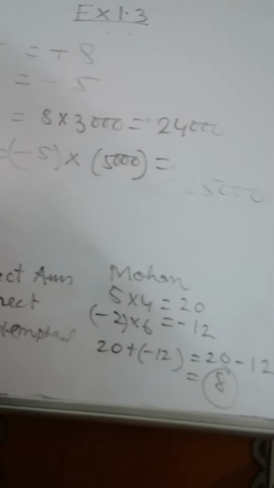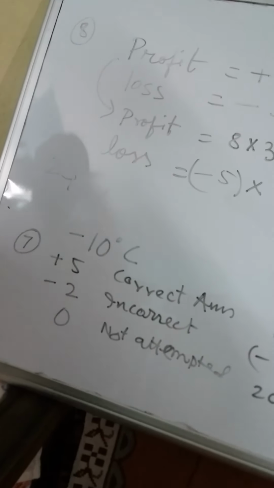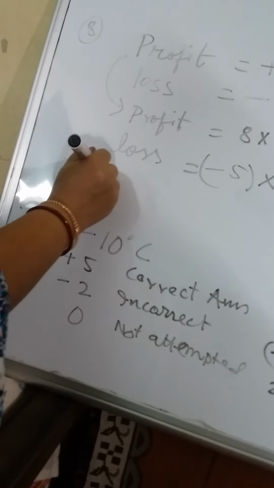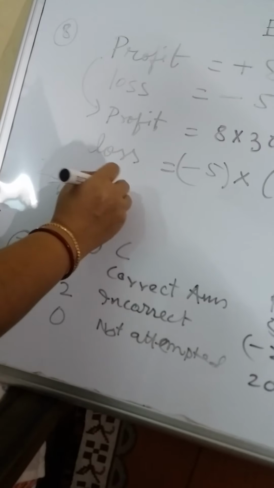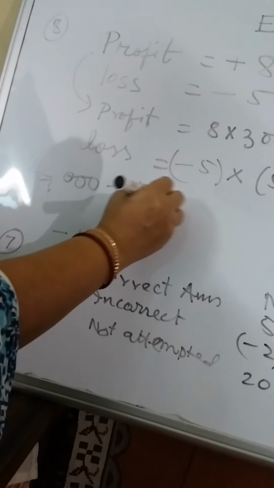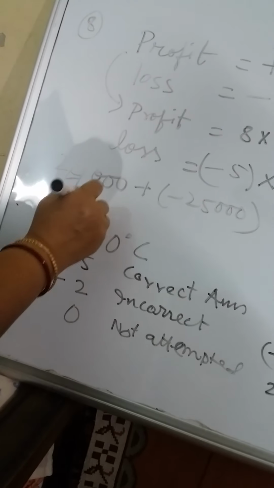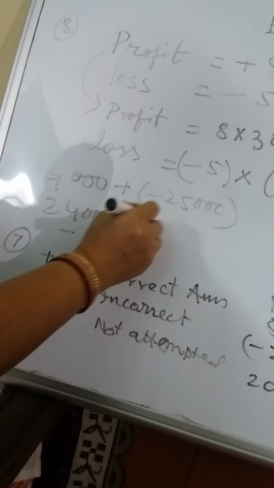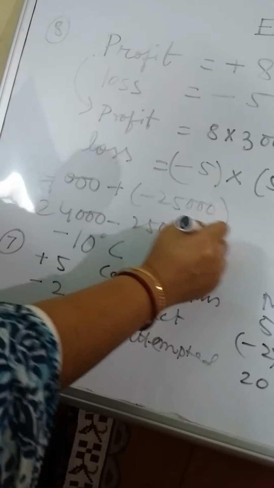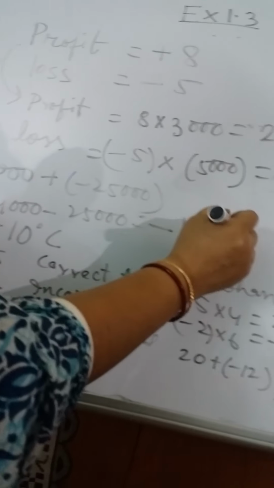So net income of that company will be 24,000 plus minus 25,000. Okay, so 24,000 minus 25,000, this answer is minus 1,000.